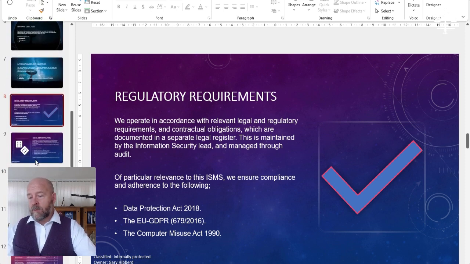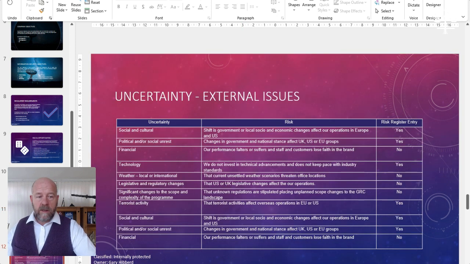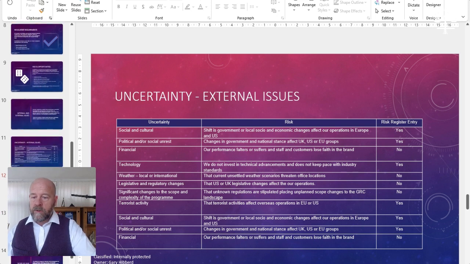And that's the way that this document continues. And we talk about internal issues, whether they're on the register or not, external issues, and again, whether we've decided to put those on the register or not. And as you can see, we've used PESTLE here to identify some of those political and social aspects that we might want to include.